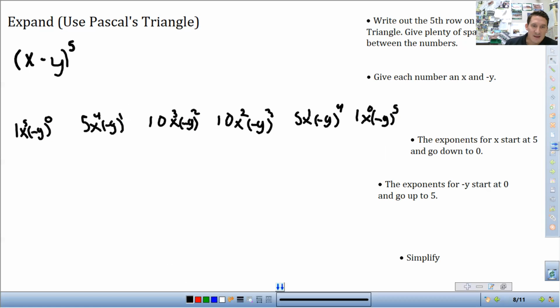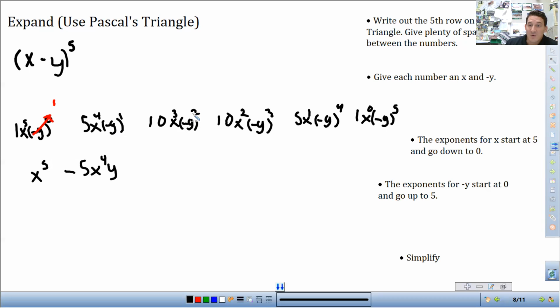So here, anything to the 0 power is just 1. So 1 times x to the fifth times 1 is x to the fifth. Here, negative y to the first is negative y. So this can be minus 5x to the fourth y. So we're taking the negative and moving it out front.